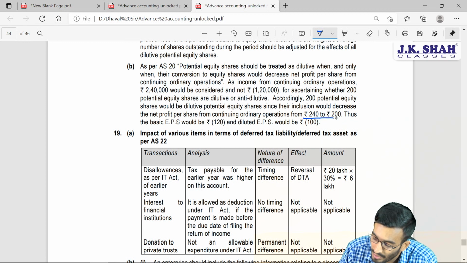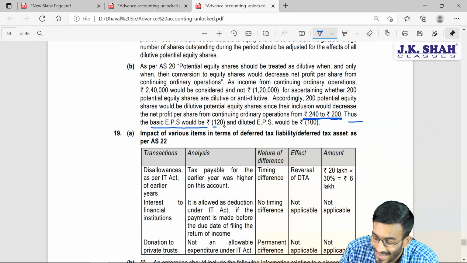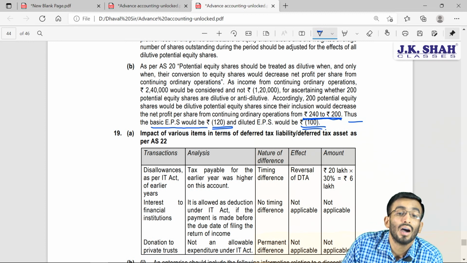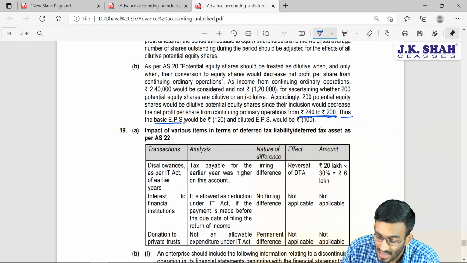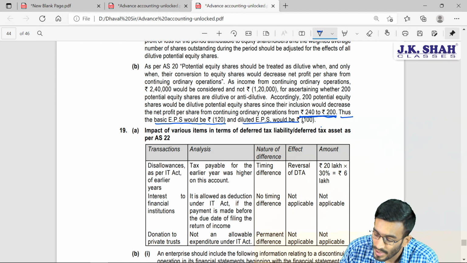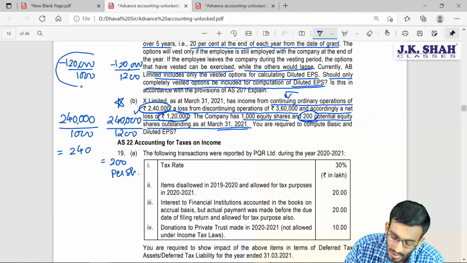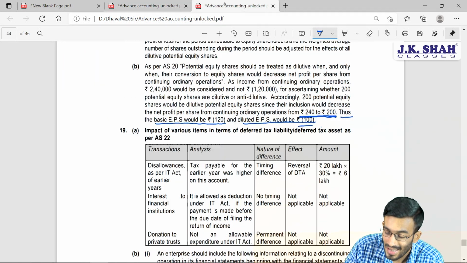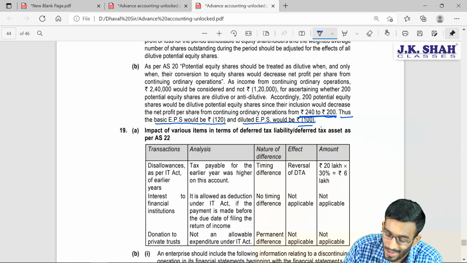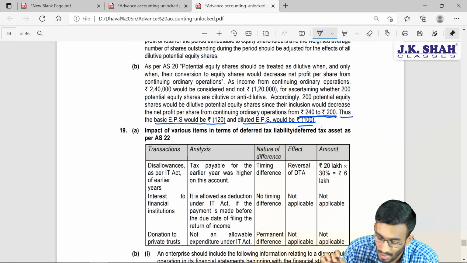Based on that, we concluded that these potential equity shares are dilutive, and then finally the basic EPS would be negative 120 and the diluted EPS would be negative 100.